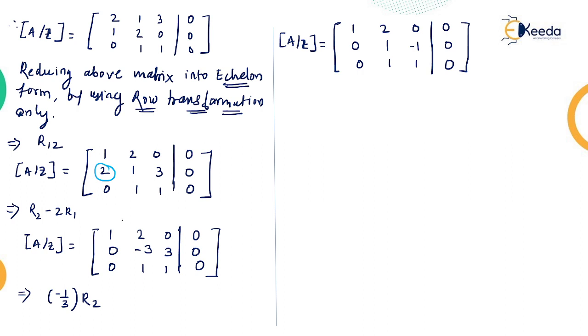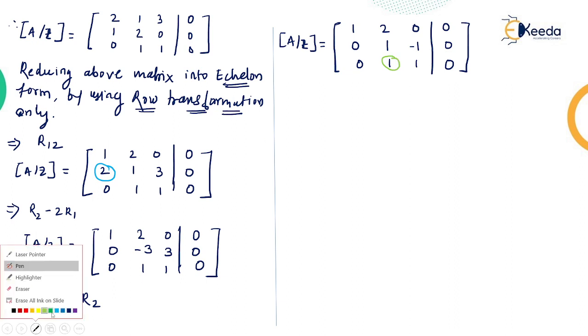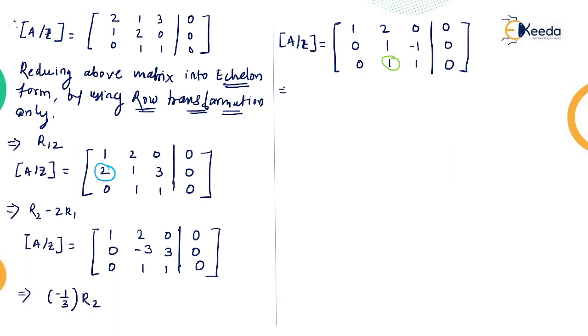Now we have to make the element below the second leading element 0. How do we make this element 0? Let's see. We perform the next operation, R3 minus R2.